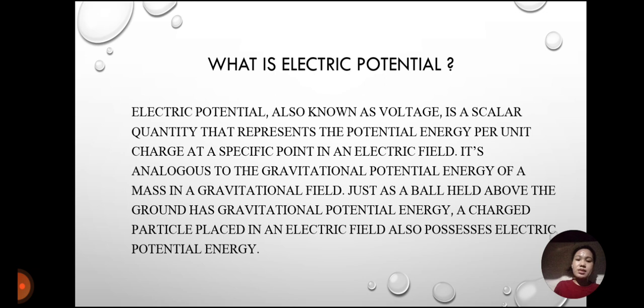A charged particle placed in an electric field also possesses electric potential energy. Think of it as a measure of the electric pressure at a point. The higher the electric potential, the greater the potential energy stored for a given charge at that point.